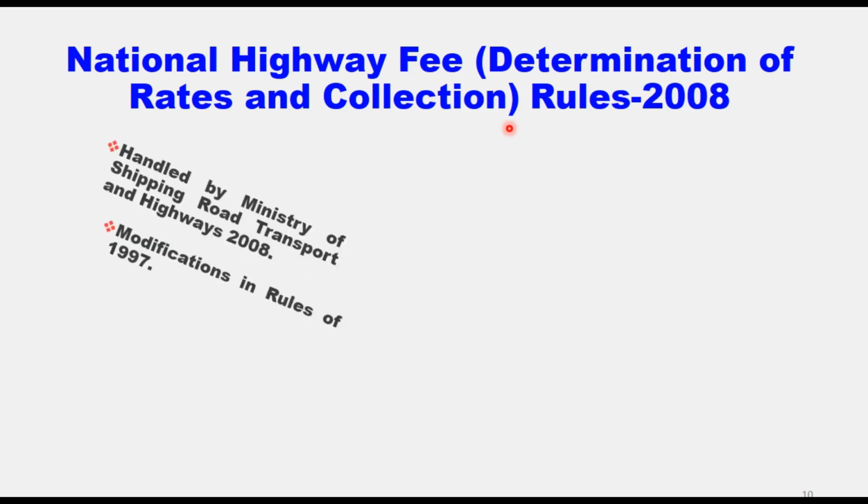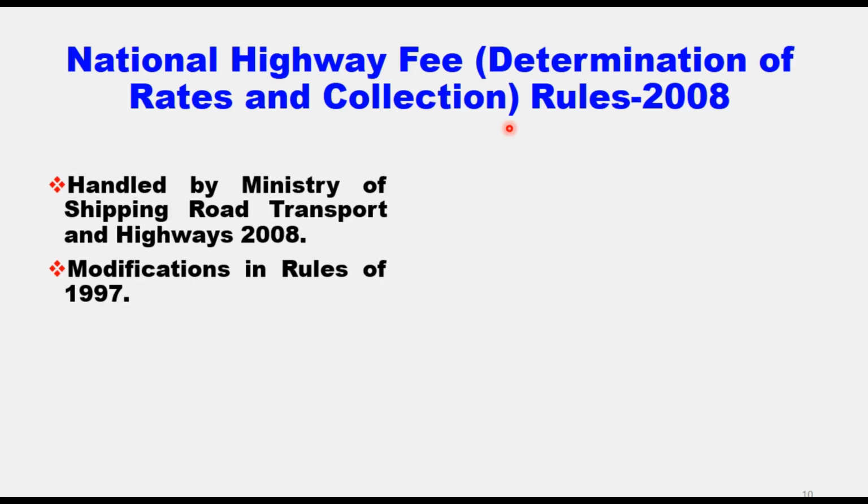These rules were again revised in 2008, and they are now called National Highway Fee Determination of Rates and Collection Rules 2008. This document is prepared with due modification in the rules of 1997, which were earlier known as National Highway Rate of Fee Rules, NHFR.